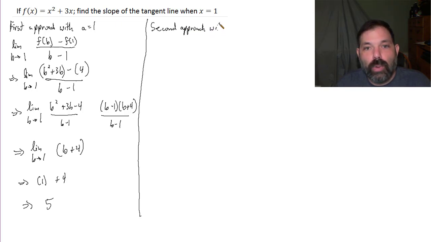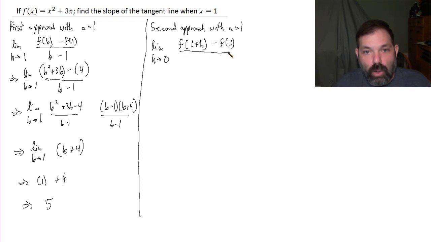Again, we would have with a equaling 1. So then we would have the limit with h approaching 0, and then I'd have f of 1 plus h minus f of 1 over h.